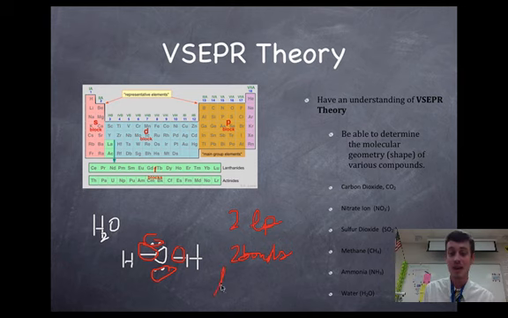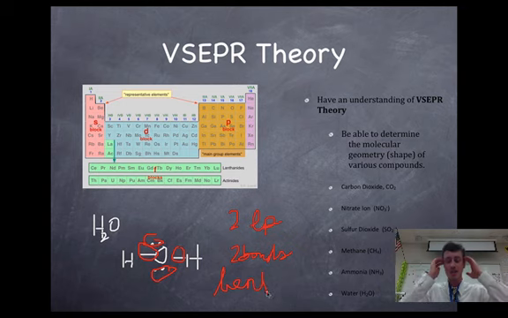You need to have an idea of that. Some people can visualize it in their head pretty easily. Some people need to memorize, hey, if I have two sets of lone pairs, it's bent. If I have one lone pair and three things that are bonded, then it's trigonal pyramid. Those are the kinds of things you need to be able to do.